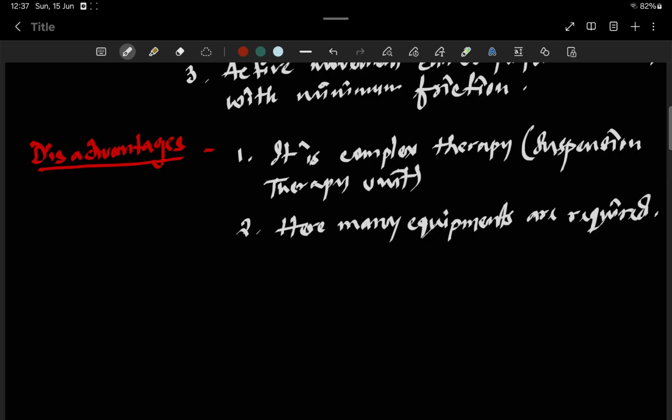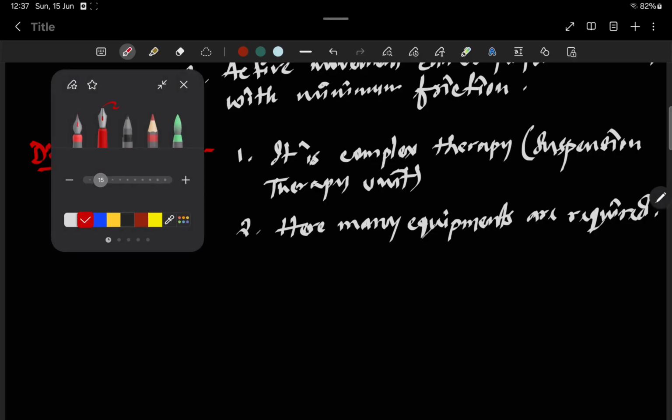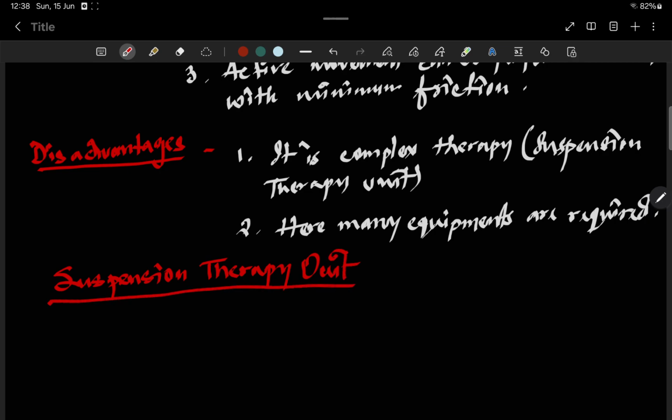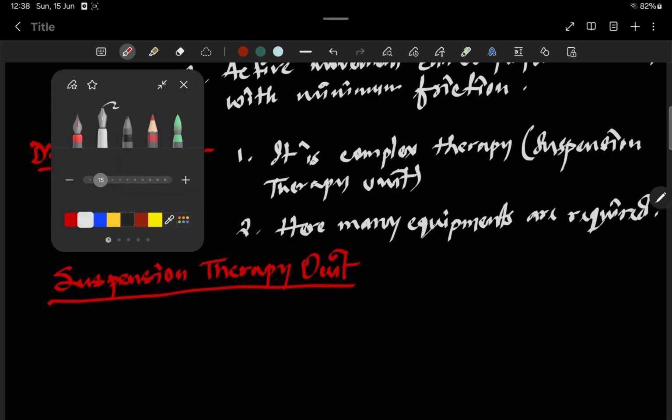Now we'll study about the suspension therapy unit.